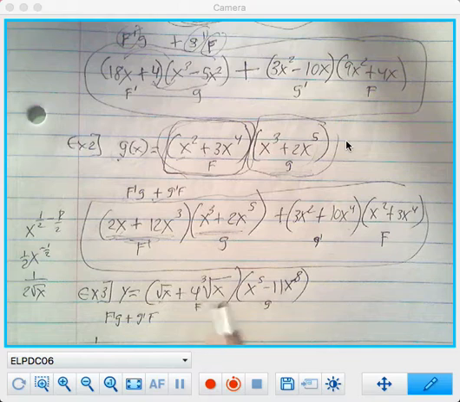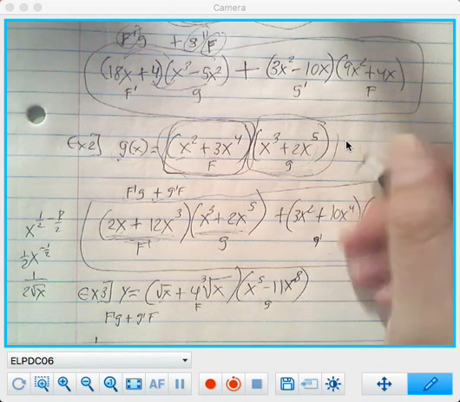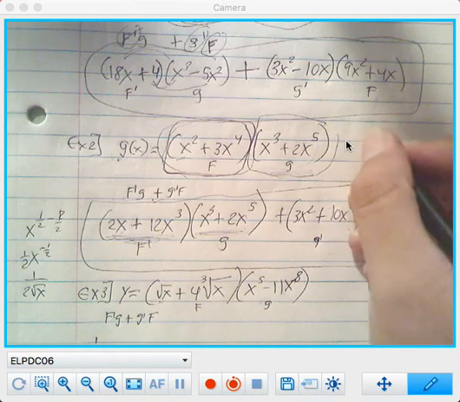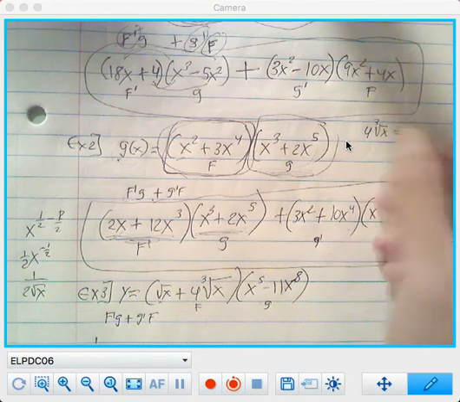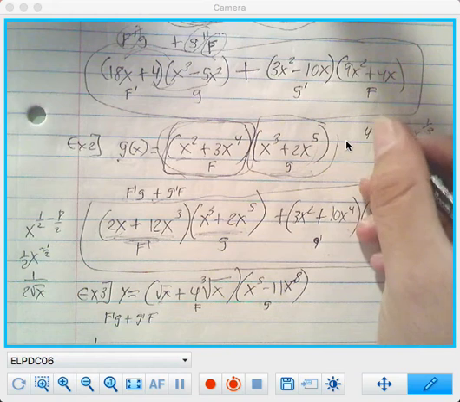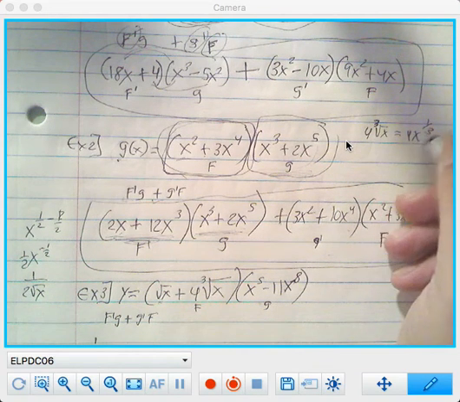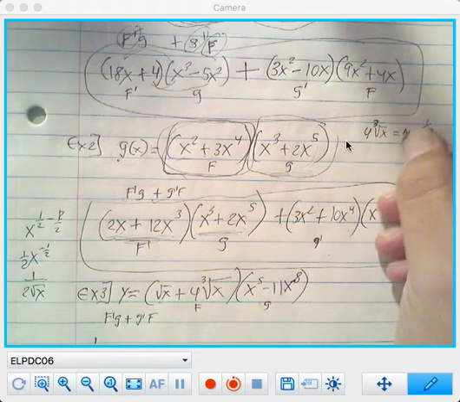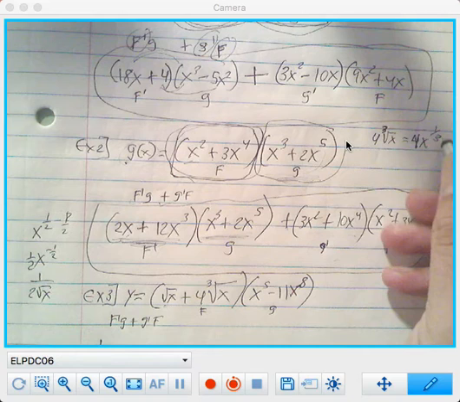Now we need to take the derivative of this. So look, we have this cube root of x. This is the same thing as 4x to the 1/3. Okay, when you have a cube root, the 3 goes to the bottom. So bring down the 1/3.